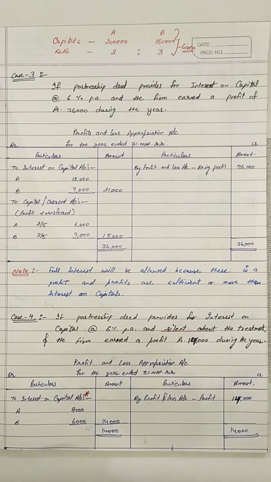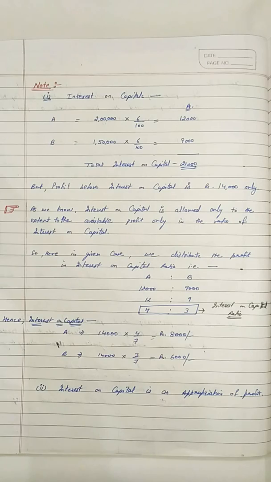It means profit is less than the amount of interest on capital, but because profit is given, it is compulsory for us to give interest on capital. But as per the rule, we allow interest only up to the profit available.